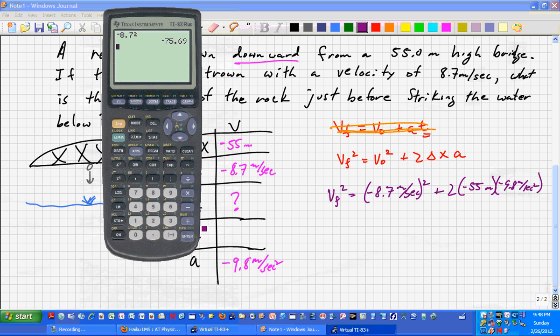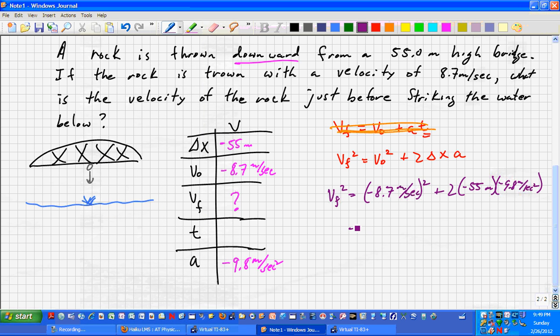So it's negative 8.7 squared. And that ain't right. I know what I did. Let's do this. It's going to be negative 8.7 squared, which is going to be 75.69.